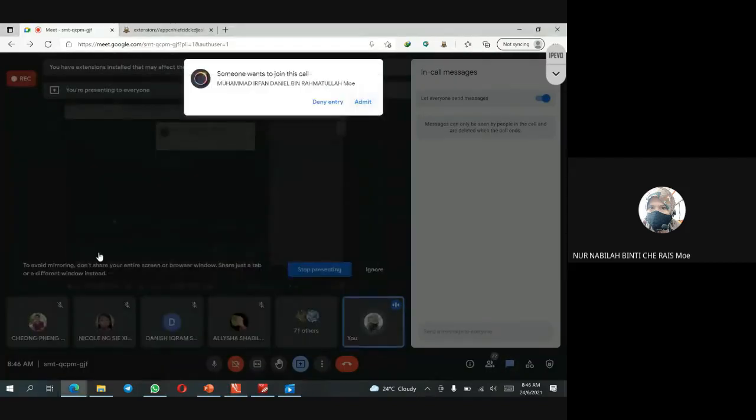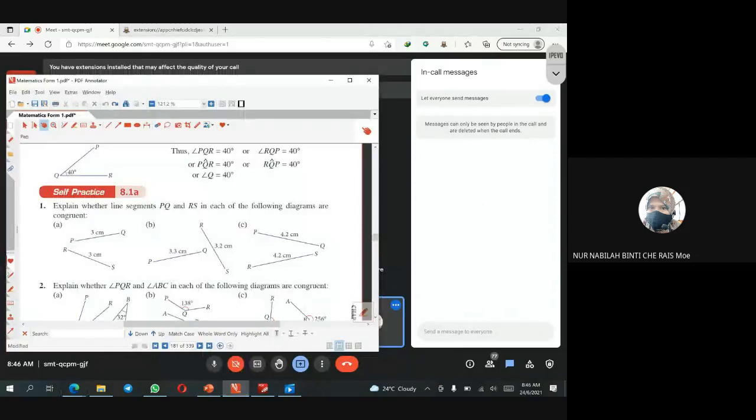And B, is it congruent or not? Not congruent, because PQ is 3.3 and RS is 3.2, not the same length. If not the same length, it means not congruent. And C, PQ is 4.2 and RS also 4.2, so this one is congruent.